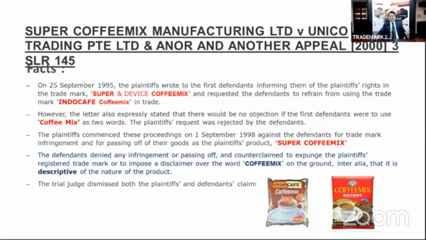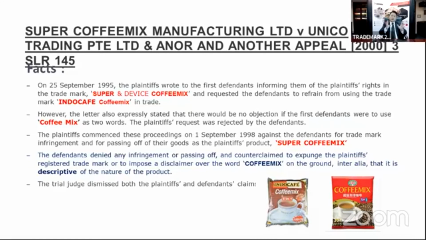In 1998, the plaintiff sued the defendant over the use of this coffee mix. The defendant denied passing off, and counterclaimed to expunge. Expunge means to cancel the plaintiff's registered trademark, or to impose a disclaimer over the word coffee mix. See, the whole legal battle is all because of the word coffee mix.